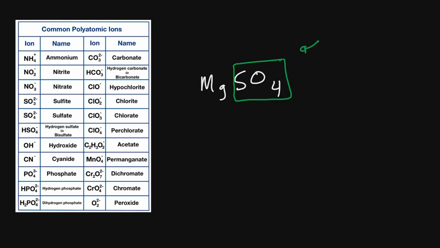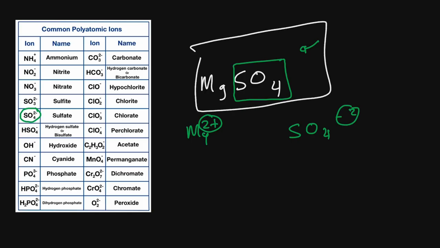What is the charge of this polyatomic ion? We can clearly see that it is -2. And magnesium is in group number 2, so it has a +2 charge. So these are balancing, and you're going to have a compound.